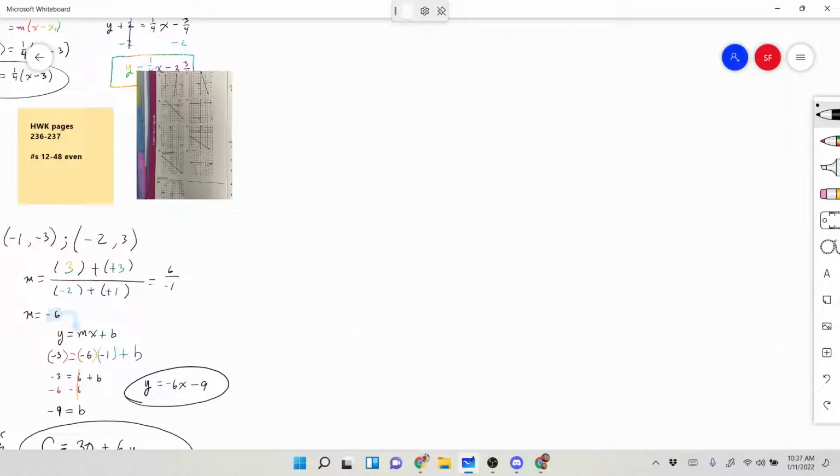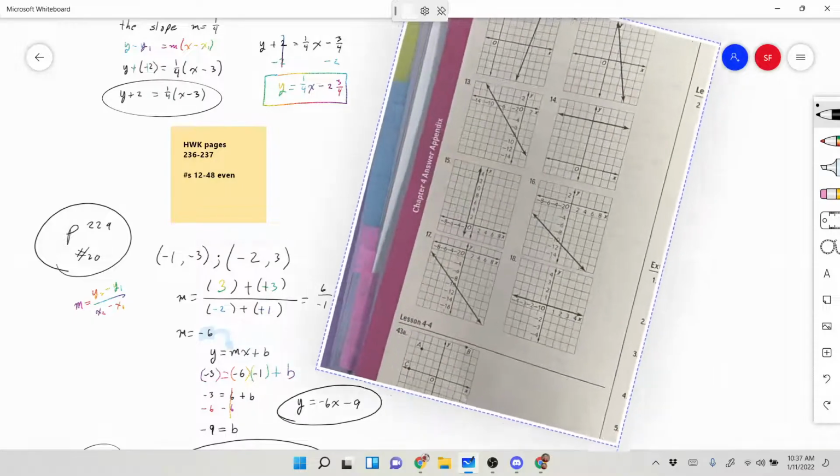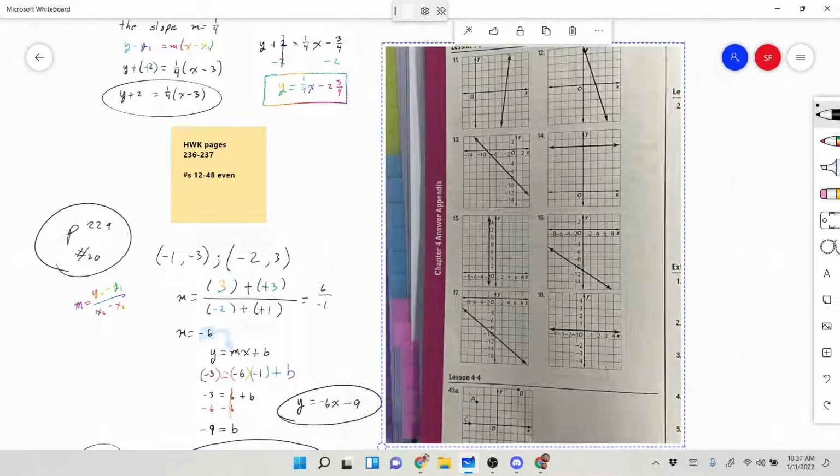And 48b is 96/100ths of a kilometer. The graphs for 12 through 18 are up there on the board. Any questions on that homework set?